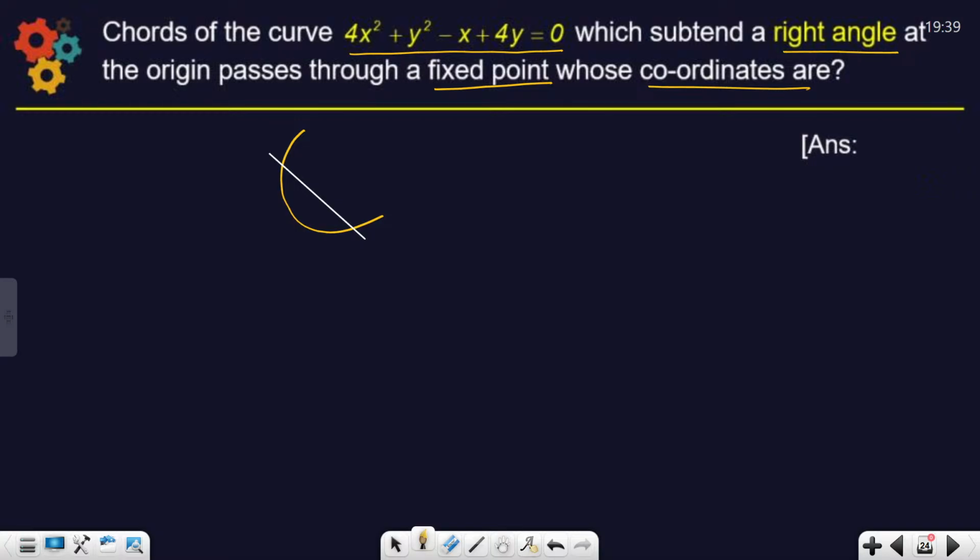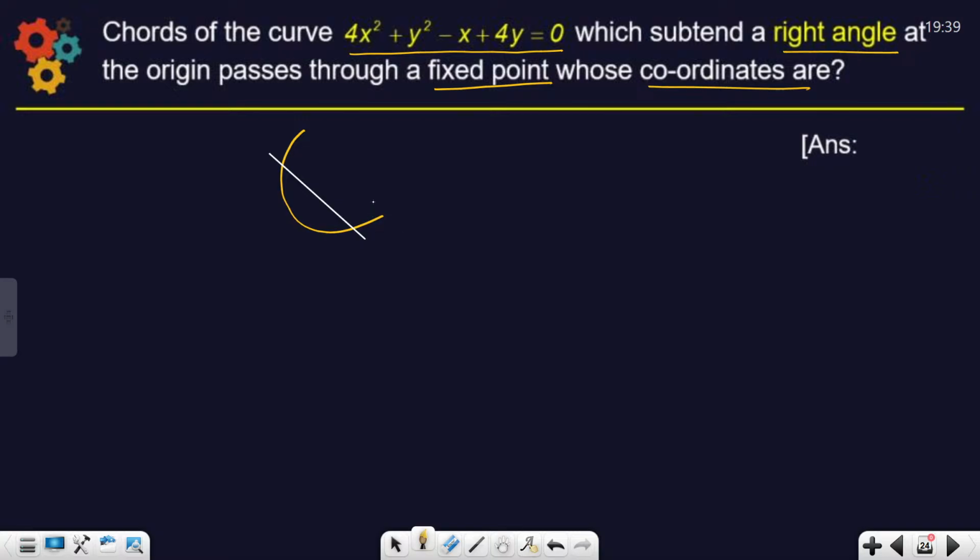The moment we homogenize the curve given with the help of the equation of the chord, we will simply add the coefficient of x square and the coefficient of y square, which is your a and b, and make it equal to 0. Because if the lines are making an angle of 90 degrees at the origin, then the sum of the coefficient of x square and the coefficient of y square becomes 0. So that's exactly what we are going to do, and we will easily get the fixed point.